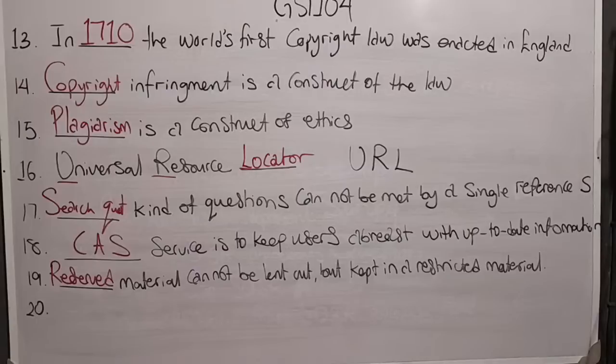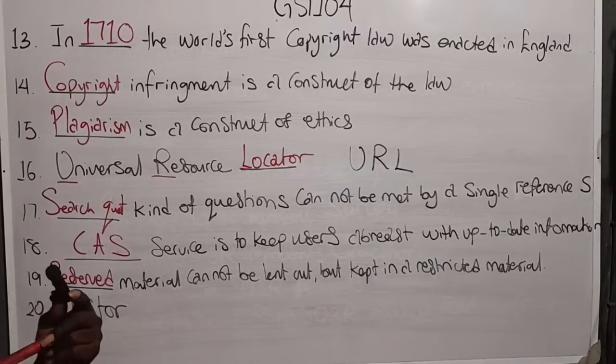JSTOR is a digital library founded in dash. In what year? JSTOR is actually written in capital letters.